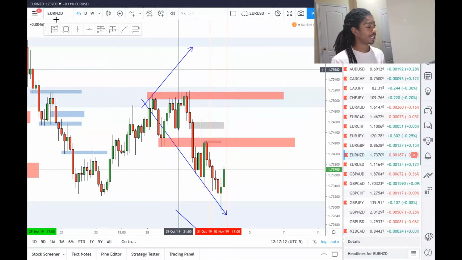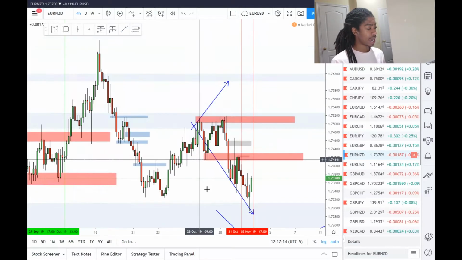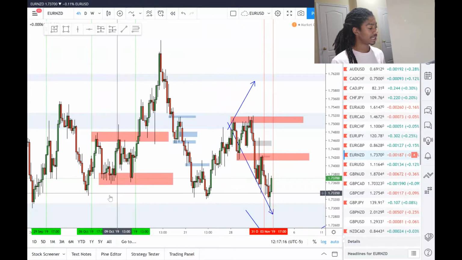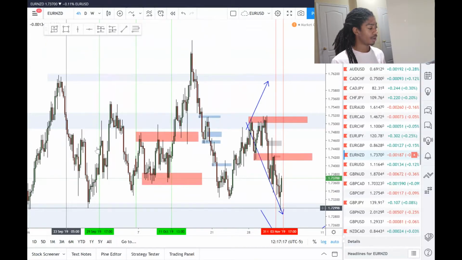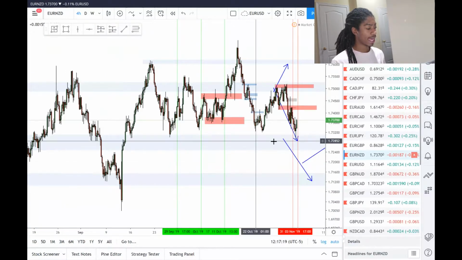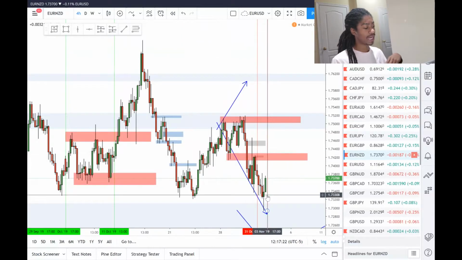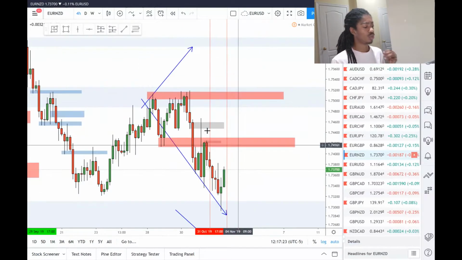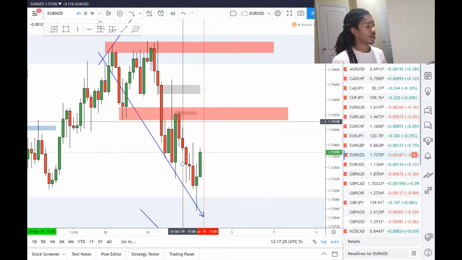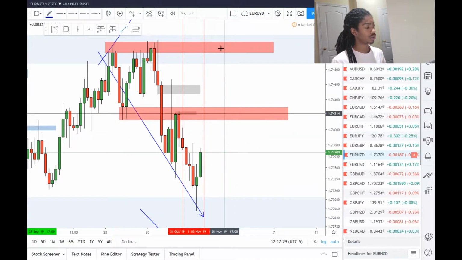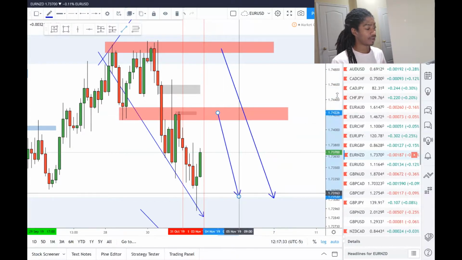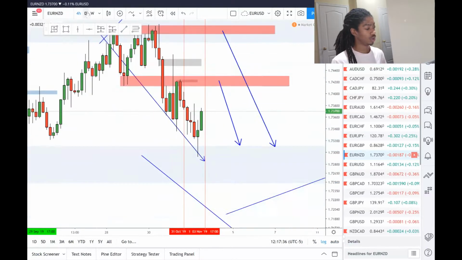The next pair we have here is the Euro New Zealand. Now, we did recently hit this big support area down below, and we've had 2 candles heading in the opposite direction now. So we are in the middle of a retrace. We're now looking for price to head back up to these red zones before giving us more reason to head back down and potentially make new lows here.